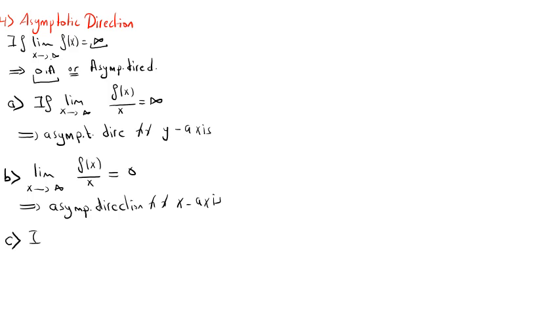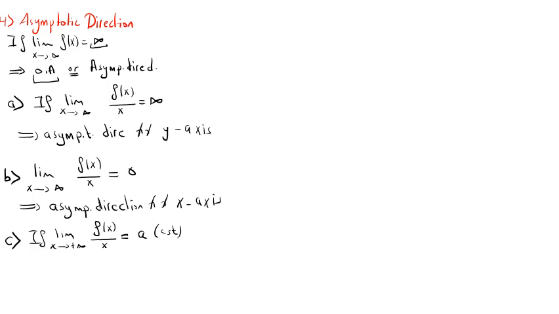If the limit as x tends to plus infinity of f of x over x is a constant number, here it is a case of an oblique asymptote. What is the equation of an oblique asymptote? It is y equal ax plus b.